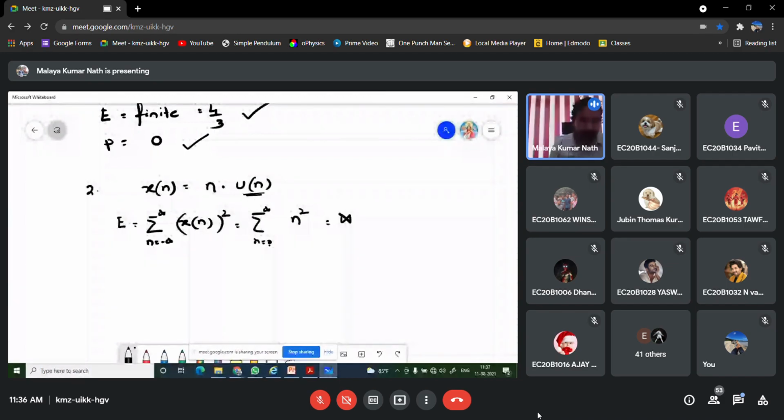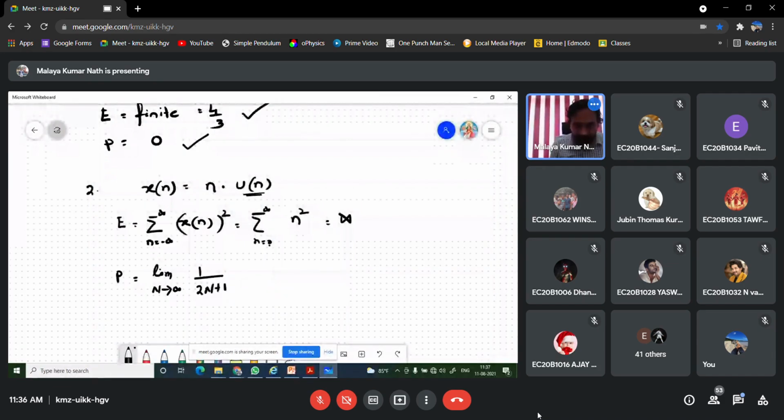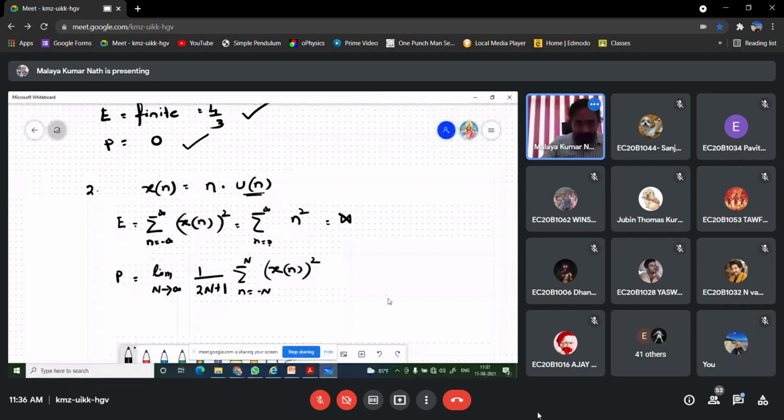Power is nothing but limit N tends to infinity of 1 upon 2N plus 1, summation n equal to minus N to N of x[n] squared.